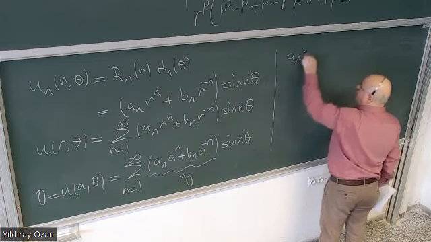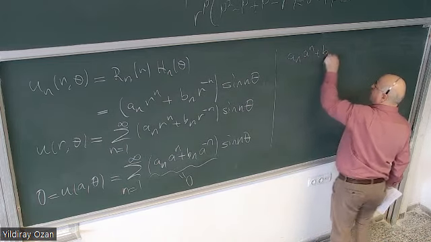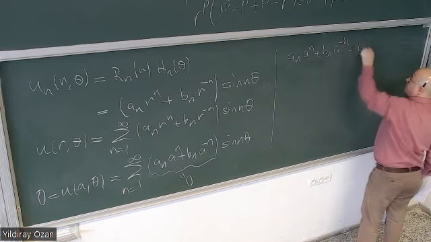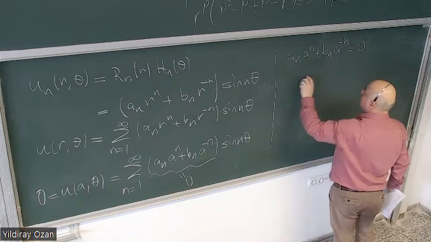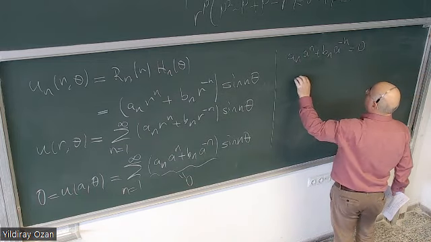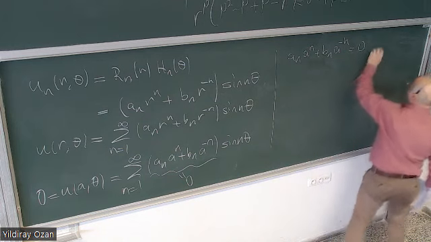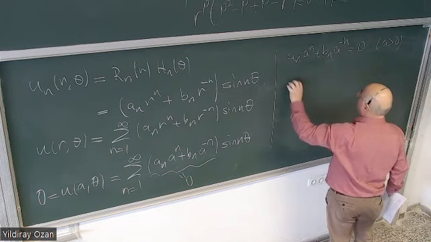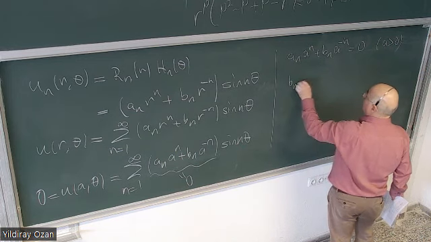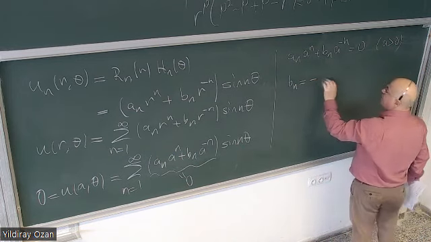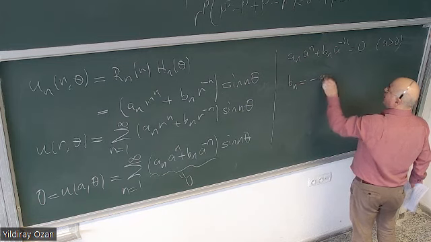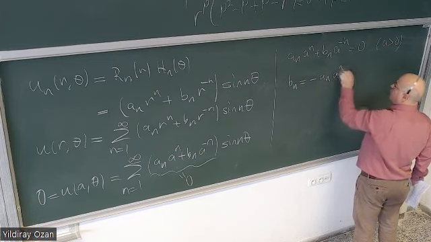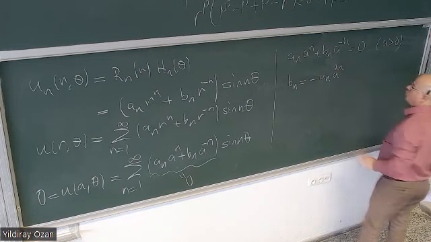So an a to the power n plus bn a to the power minus n is 0. So this means, for example, here, of course, a is a positive number. So bn is just minus an a to the power 2n, right?